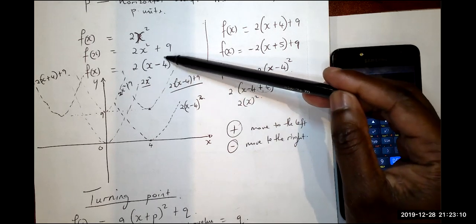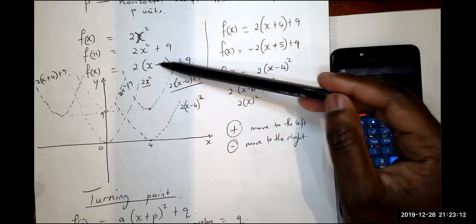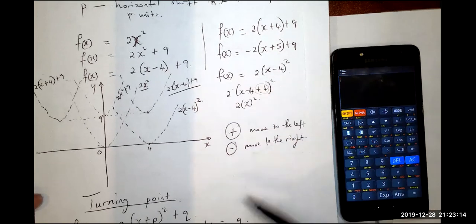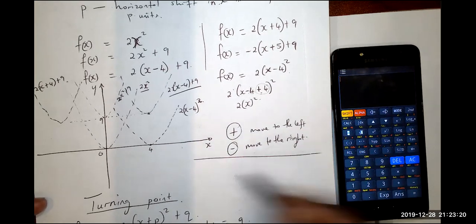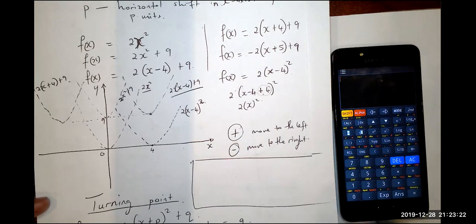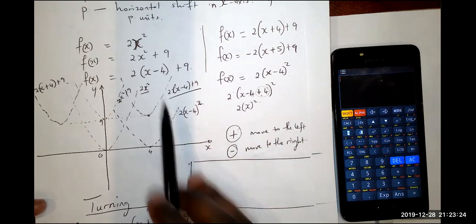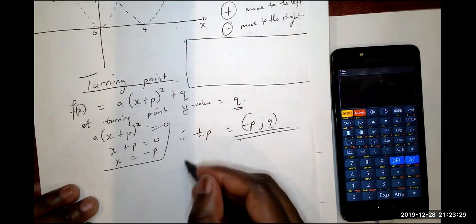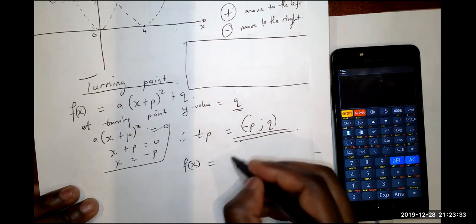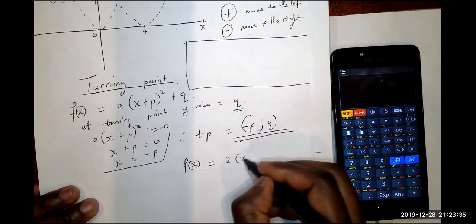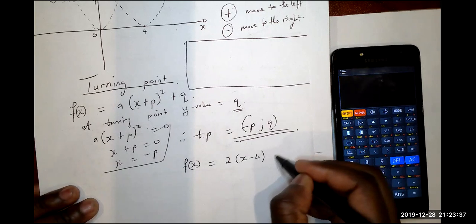Let's have an equation of f of x is equal to 2x minus 4 plus 9.